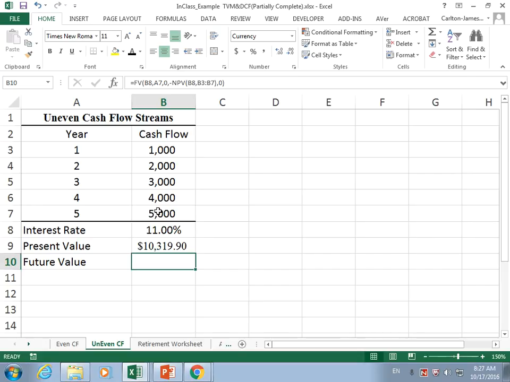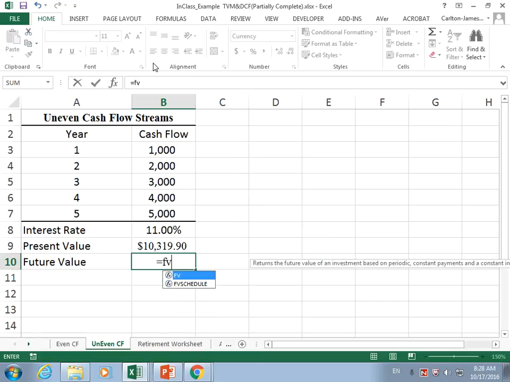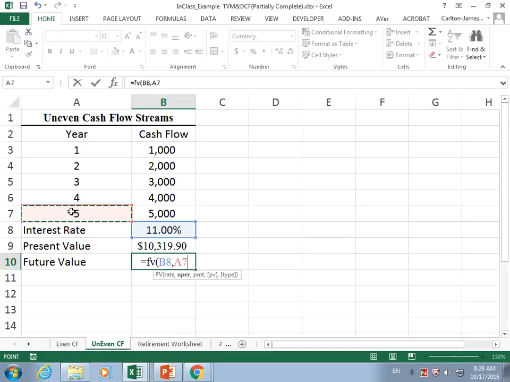How do you find the future value? Well, then, I guess, you have to take this to the future, okay? Number of periods is 5, payment is 0, and our PV, now we have to put this in as negative here.